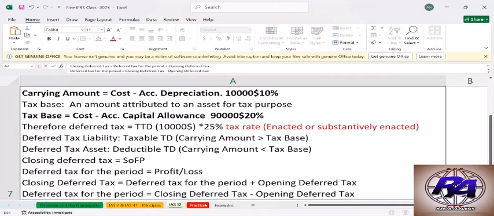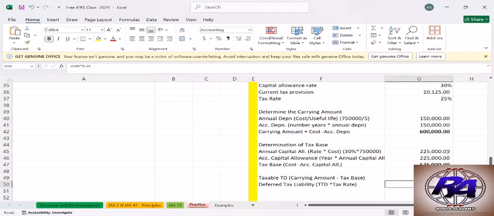Alright, in this question, it's much simpler in terms of presentation because we don't have any previous information on our deferred tax or current tax. We don't have anything.